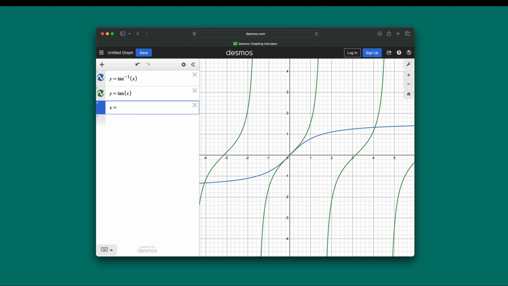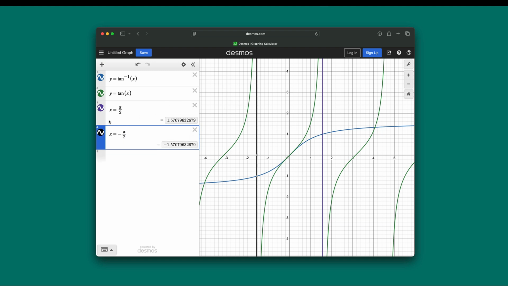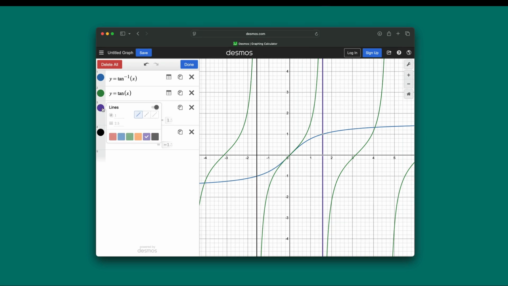So if I just quickly do that, x equal to pi over 2 and x equal to negative pi over 2. Notice these, let me change the, make this black here, and then 1.5 dotted.